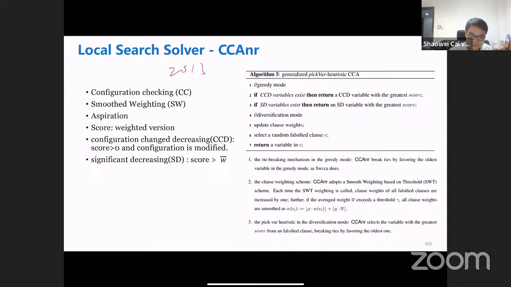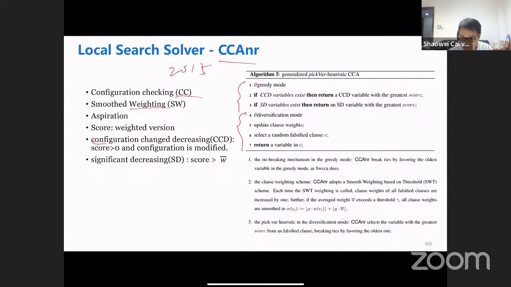So for a fixed ratio, a larger formula is more suitable for the CC strategy. In 2015, we developed a local search solver called CCNR, and currently it is perhaps the most successful local search for structured formulas. It integrates several components like CC and clause weighting and other things, including focused random walk. In the framework we have 2 modes: the greedy mode and the random walk mode.